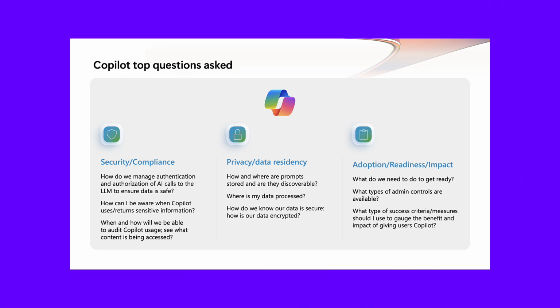So to understand Copilot, we need to think about all those questions that you really want to ask. So things like security and compliance, how do we manage authentication and authorization of AI calls to the large language model, and making sure that our data is safe. And of course it is, because this is super important. In terms of data residency and privacy, Microsoft knows that this is really important to you.